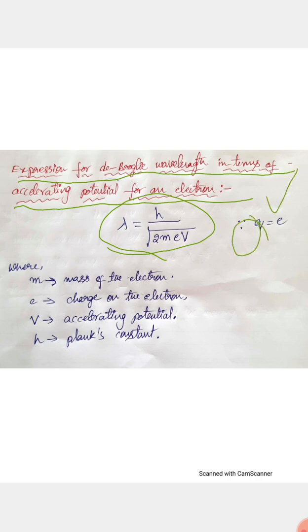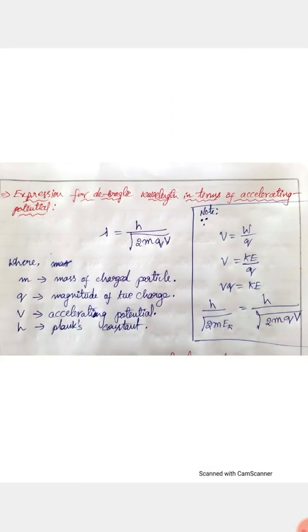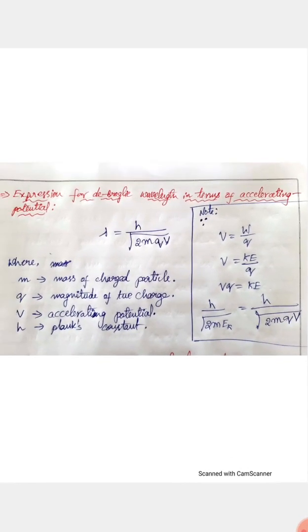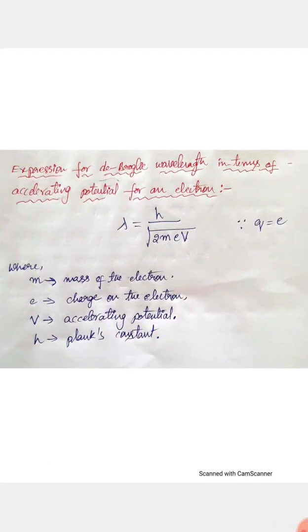So in place of q, in the previous expression, lambda is equal to h divided by the square root of 2m qv, we substitute e. q is equal to e.